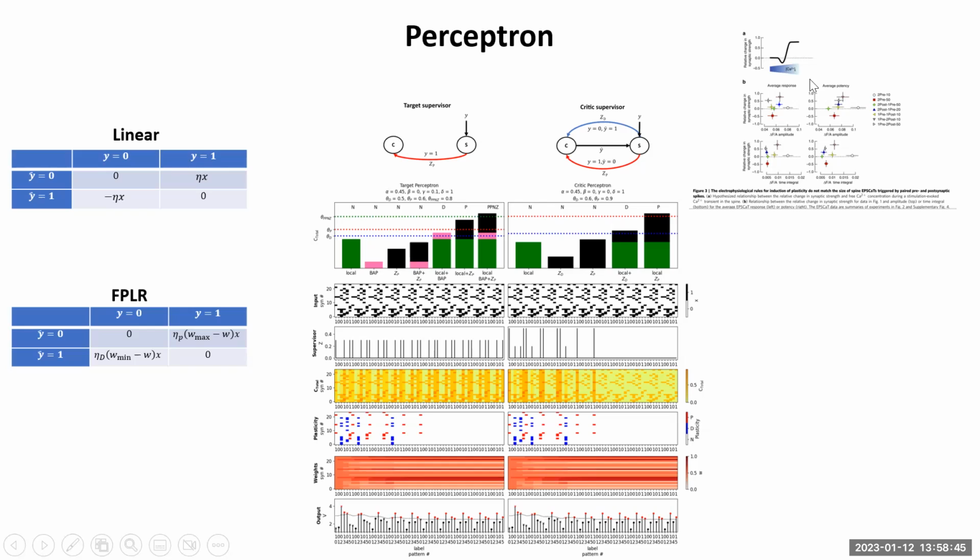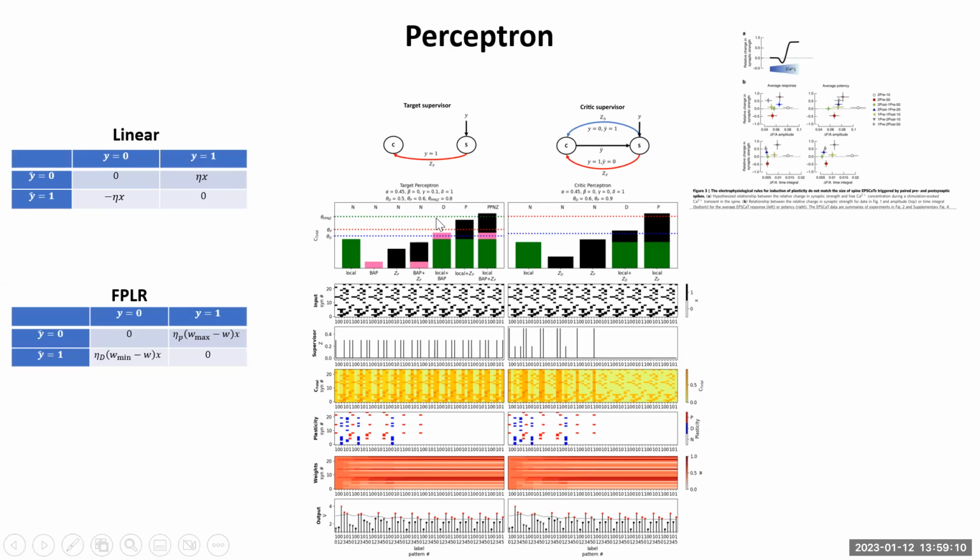I'm not quite sure what these potency and response things are, but I use this plot as justification for the claim that when you have very high calcium levels, it's possible that you don't get plasticity anymore. Maybe it's true, maybe it's not, but if it's true, maybe it's a feature and not a bug, because you can use this kind of curve to implement the perceptron.